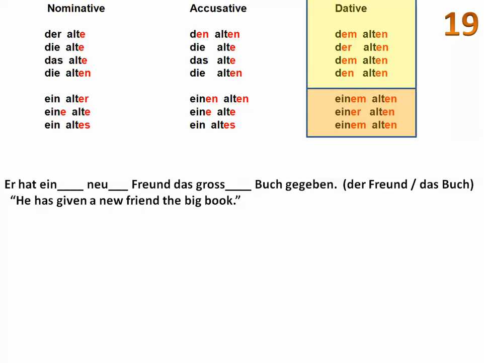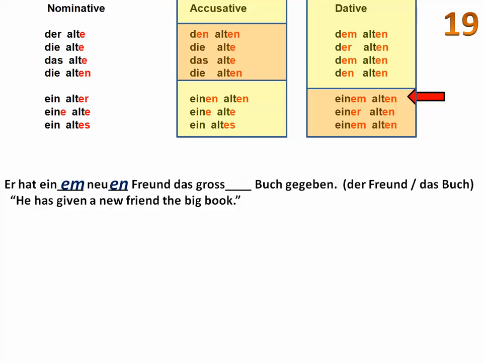Freund is a masculine noun. So our answer there for the indirect object is going to be hat einem neuen Freund. What did he give? A book. That's accusative. It's a definite article, das. So the ending on groß will be an e. So altogether, hat einem neuen Freund das große Buch gegeben.